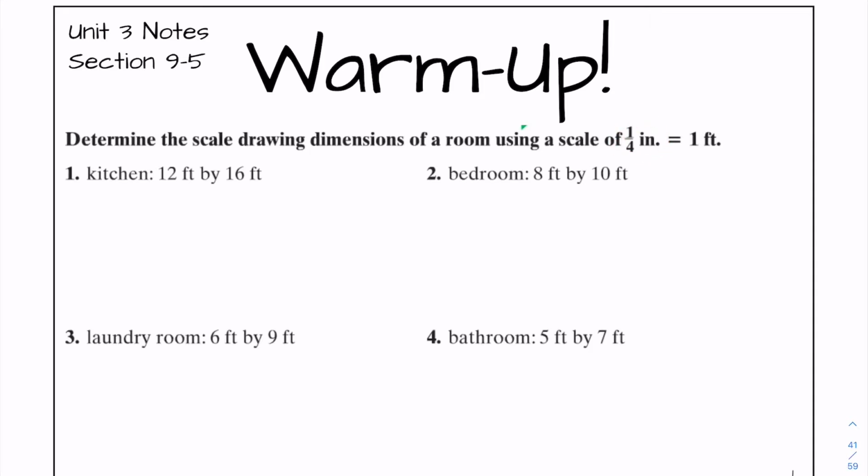If a kitchen is 12 feet by 16 feet, each foot is 1/4 inch, so 12 times 1/4 of an inch, and I can also do 16 times 1/4 of an inch.